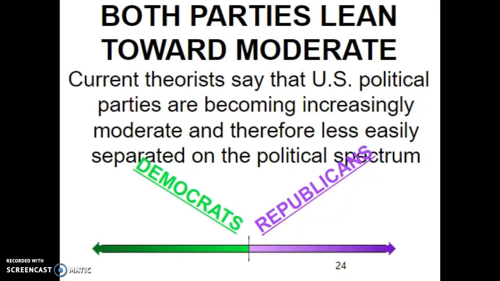And here, it's kind of referring to the fact that while they are campaigning, they have to hold these moderate views, because if they don't, then they are going to lose particular voters. So current theorists say that the U.S. political parties are becoming increasingly moderate and therefore less easily separated by the political spectrum.